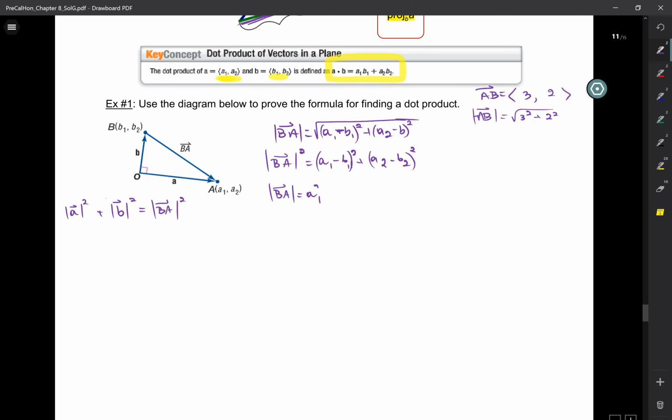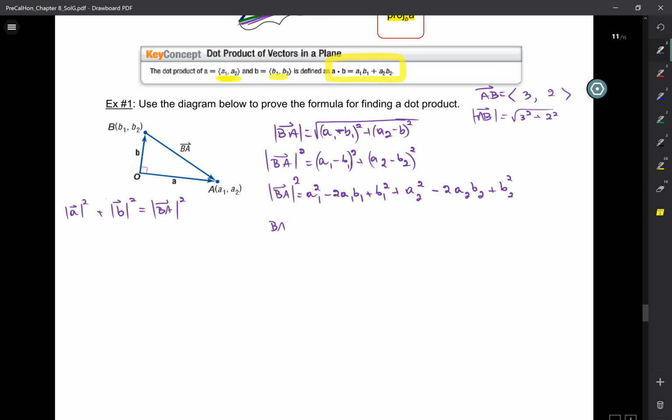So it'll be A1 squared minus 2 A1 B1 plus A2 squared minus 2 A2 B2 plus B2 squared.